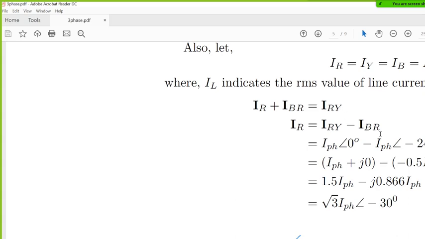IRY and IYB is 120 degrees and IYB and IBR is 120 degrees. So IRY and IBR will be 240 degrees. That is exactly what is written here. So this part is okay. Don't jump to the line. So the highlighted part is okay.